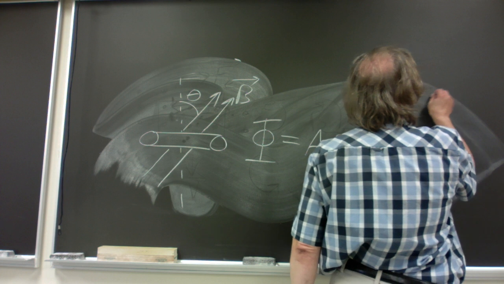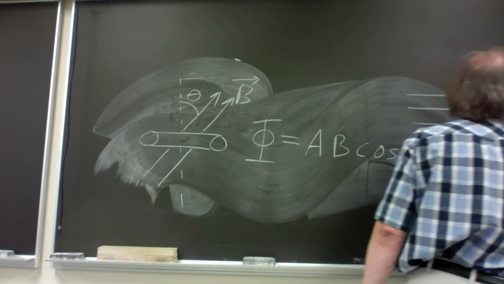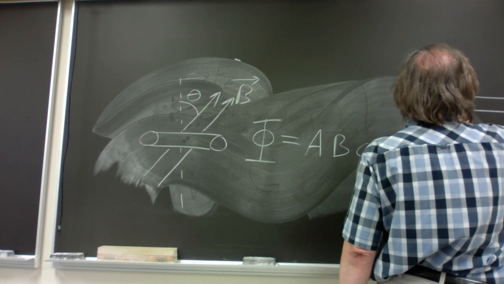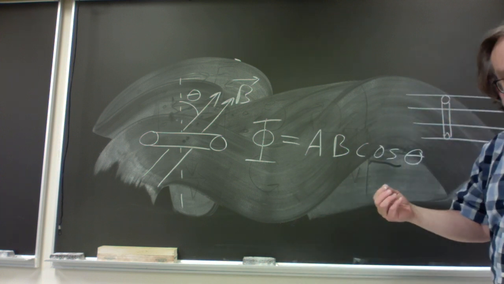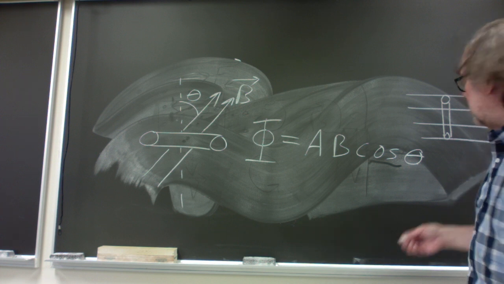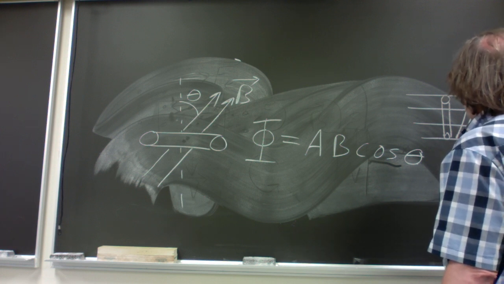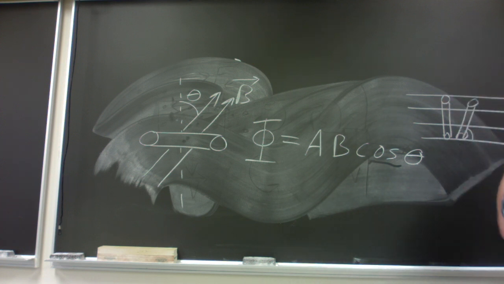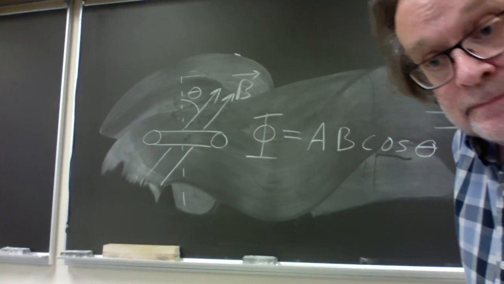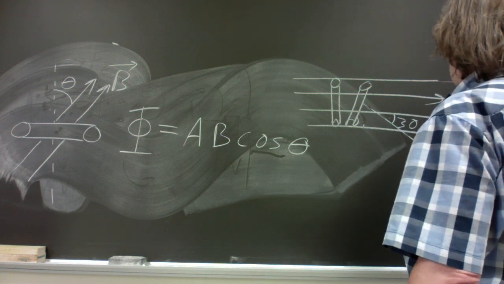Let's say here's some magnetic field. And then we've got a loop, maybe perpendicular to the direction of the field, and then it changes direction so that now, here's the angle between the axis of the loop and the direction of the field, and let's say here it's 30 degrees, and then it rotates some more, so that now it's like this.